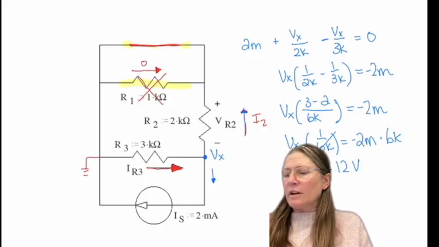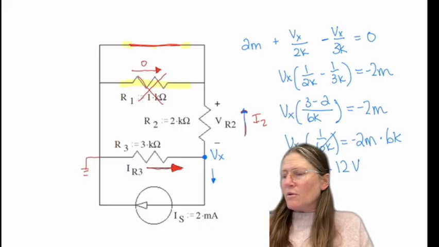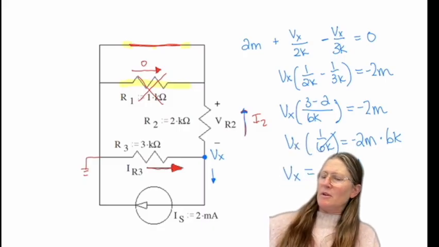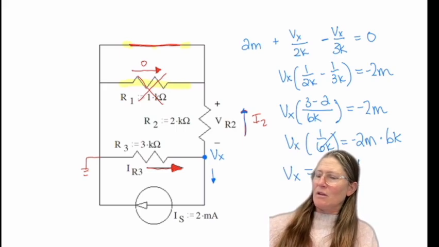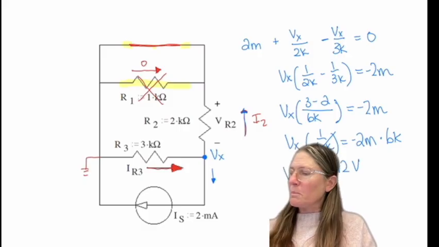So if I have negative 12 volts here, did I do my sign wrong? 2 milli goes out, Vx over 2K. Okay, this should be a plus.